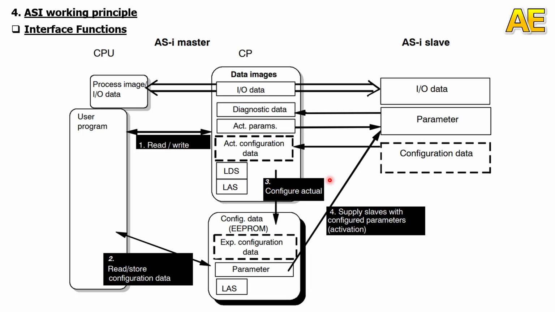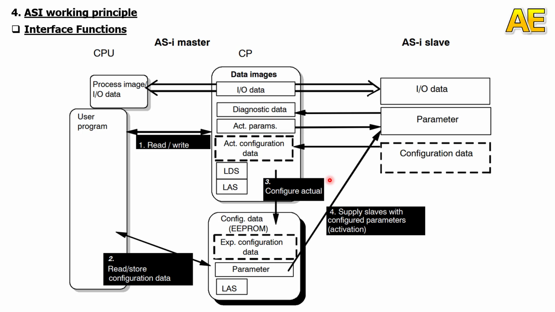When reading, the parameters and configuration data are read from the slave and stored permanently on the CP. When writing, the parameter and configuration data are stored permanently on the CP.